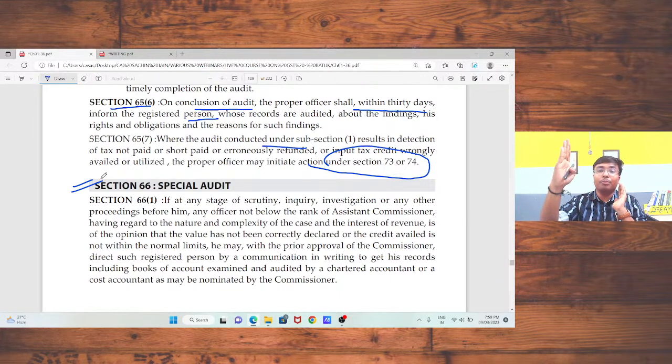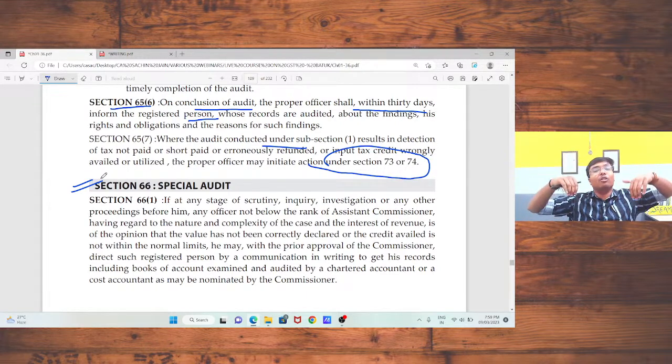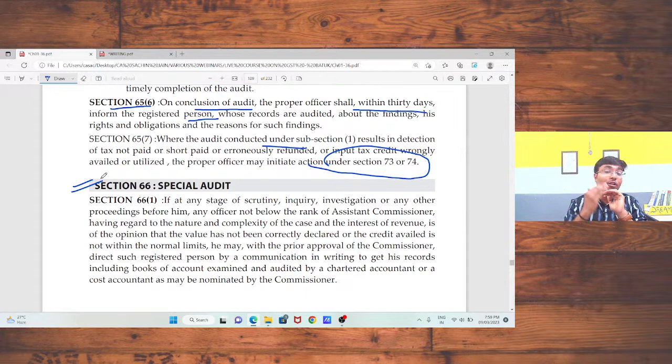After that we had discussed provisional assessment, GST ASMT 01 to GST ASMT 09. Then we had discussed scrutiny of returns, and also assessment of non-return filers and assessment of unregistered persons. Also we had discussed audit by the departmental authority. Also we had discussed summary assessment in certain special cases where the department shows that there is a loss of revenue.